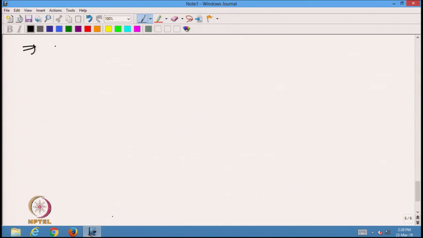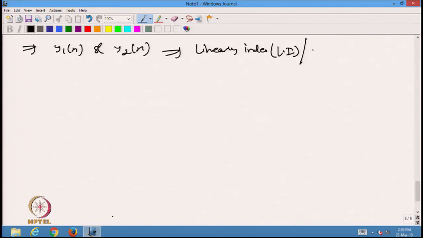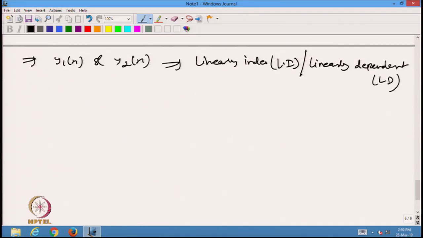I have two functions y1(x) and y2(x), and I want to check whether they are linearly independent, called LI, or linearly dependent, called LD. It is the same concept as for vectors.